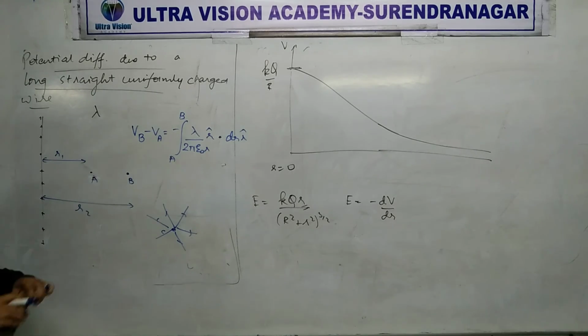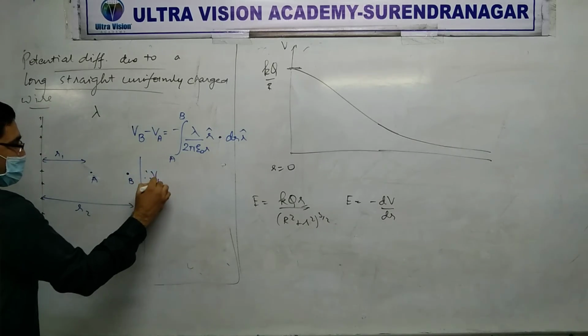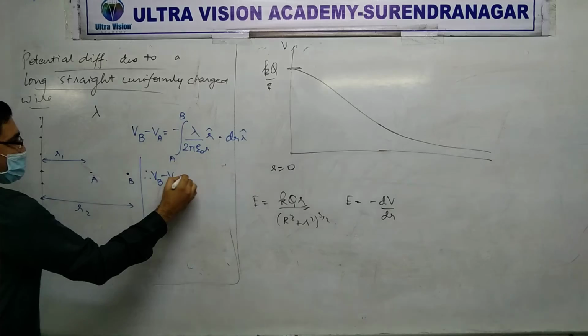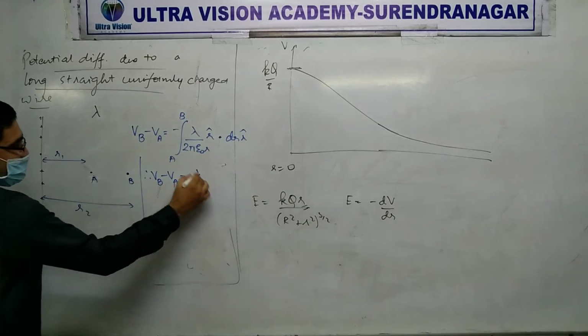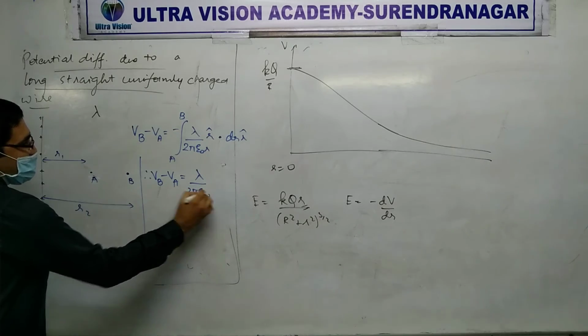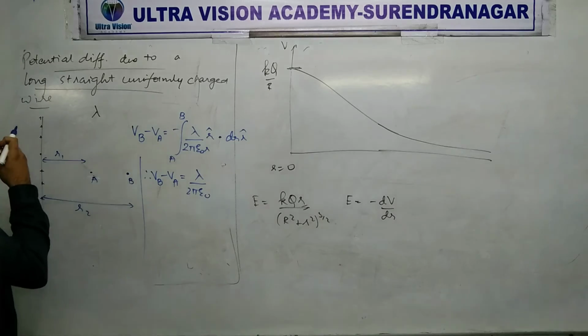Therefore, constants come out. What is the constant? Lambda by 2 pi epsilon 0. What remains is the integration of dr by r.